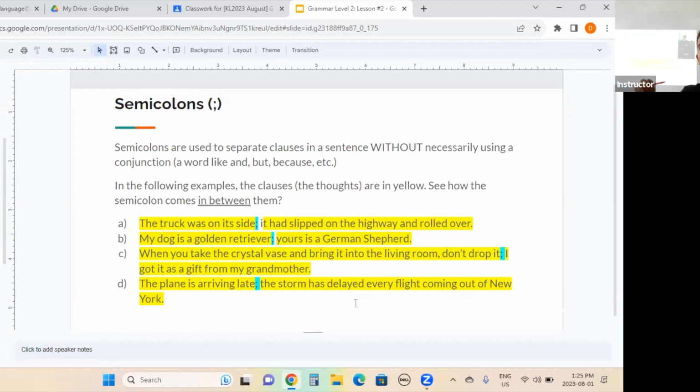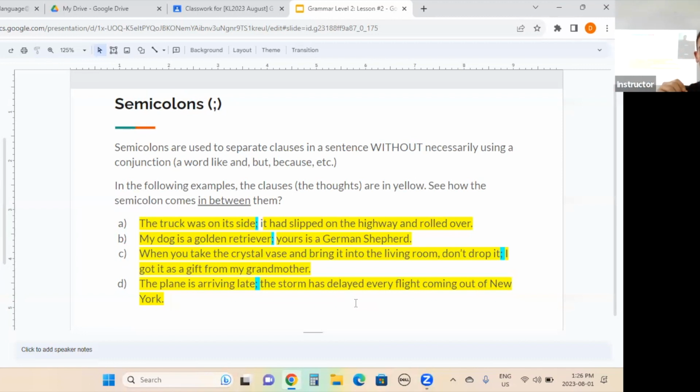Well, we have to choose one. And or but, right here in the middle. But. Right. So if we started off that way, we take out the but, put the semicolon instead. Now it makes sense. If you're going to use and or but, then you have to add a comma as well.